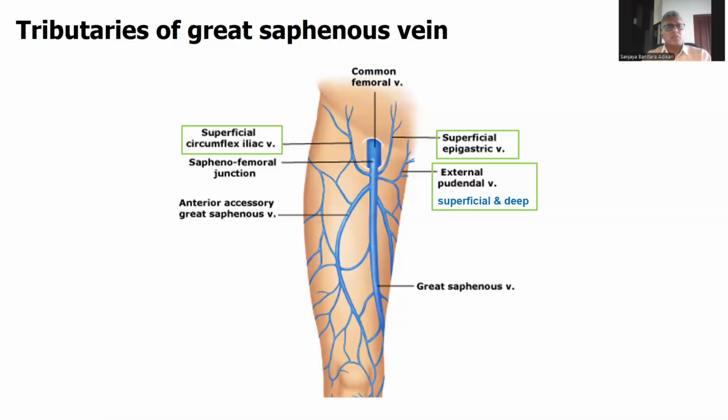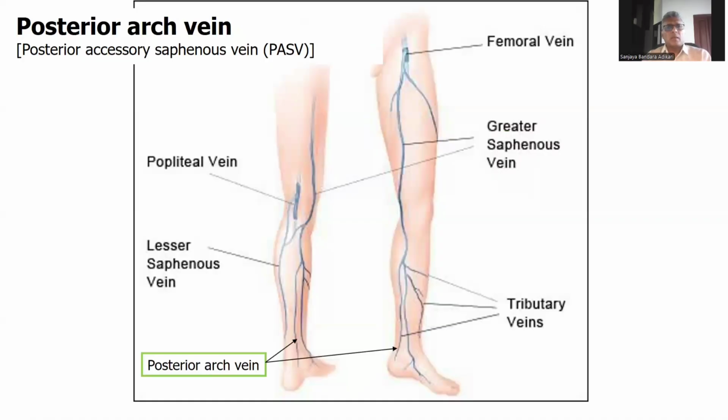Then there's a large tributary, somewhat constantly present one, which is called anterior accessory great saphenous vein, or anterior accessory vein, which drains into the great saphenous vein just before it enters the femoral vein. Then, there are many other tributaries which we are not talking about, but another important tributary is the posterior arch vein, which I showed you in the previous slide, which passes behind the medial malleolus, ascends, and it drains into the great saphenous vein very close to the knee joint.